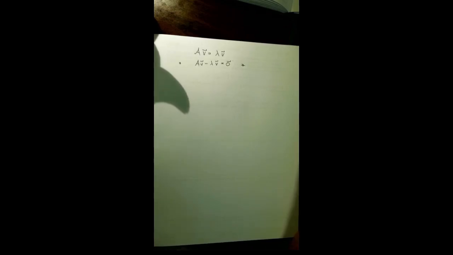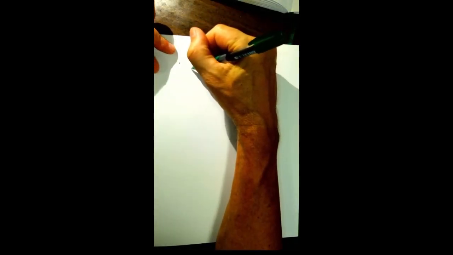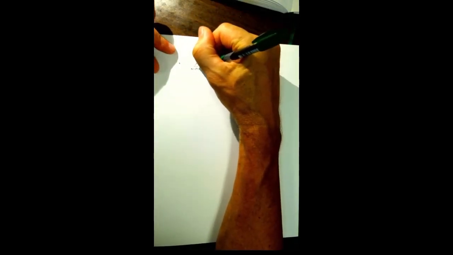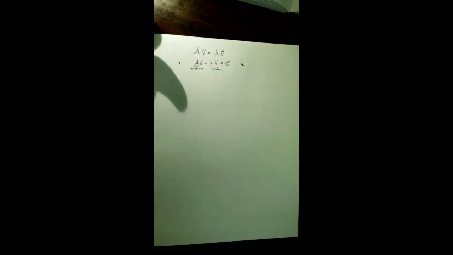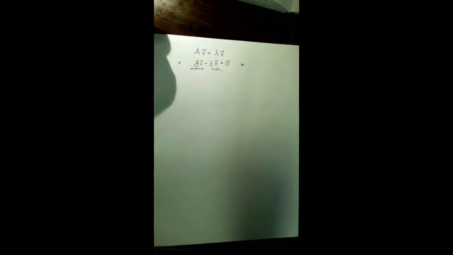I cannot factor out a V here because this is a matrix and that is a scalar, and I cannot take A minus lambda. It doesn't make sense. I can only subtract matrices or subtract scalars, but I cannot take a scalar from a matrix.